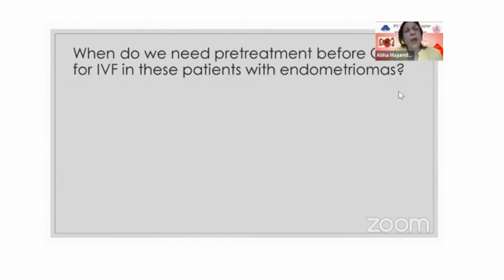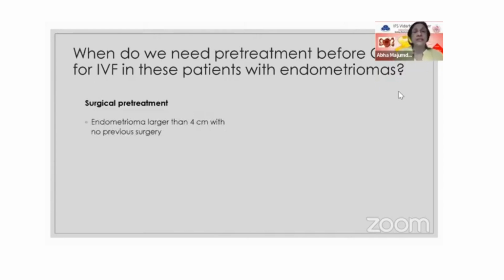Now, why do we need pre-treatment before controlled ovarian stimulation? Sonia told us that you can give it before ART for IVF in these patients with endometriomas. Why do we need it and when do we need this? This is because endometriosis is an inflammatory condition, which we've just heard in great detail.